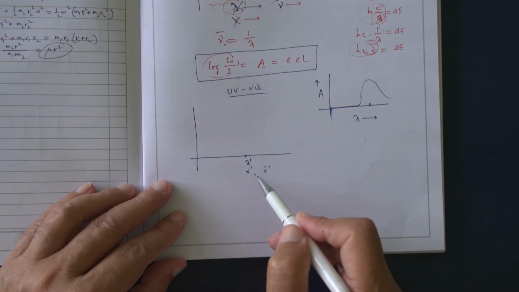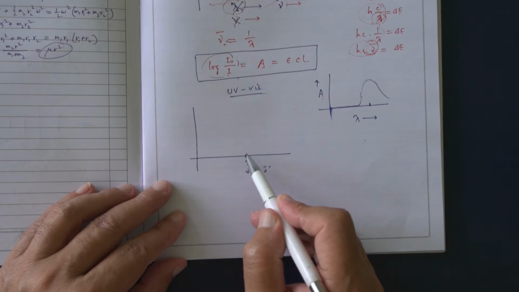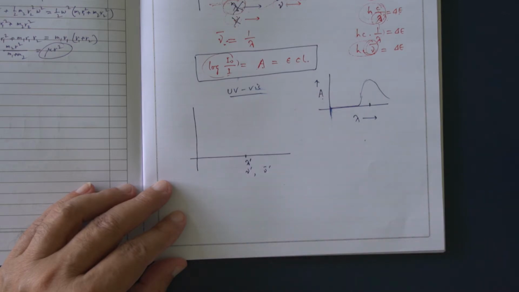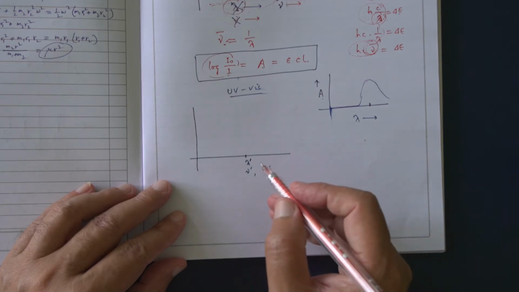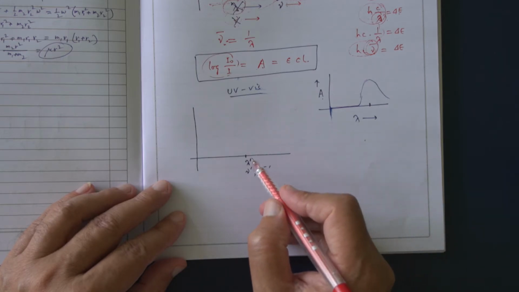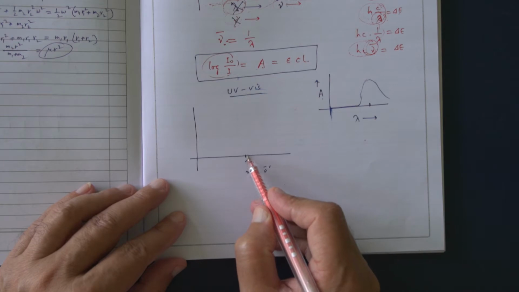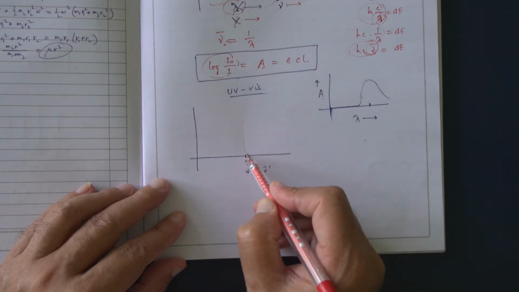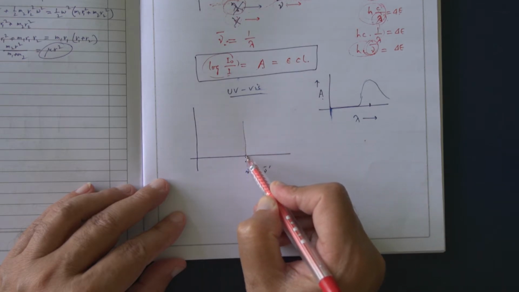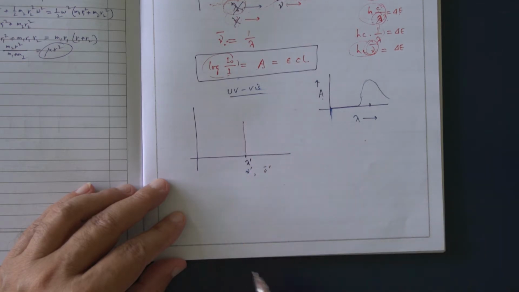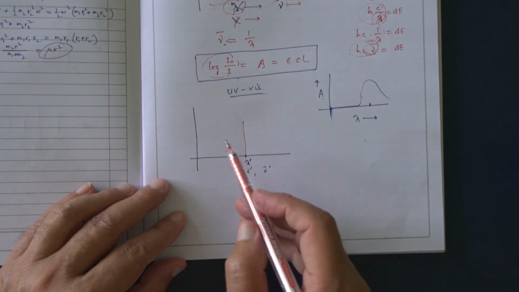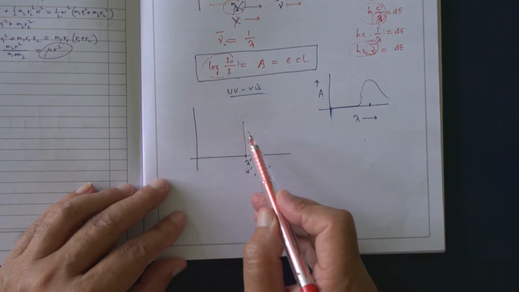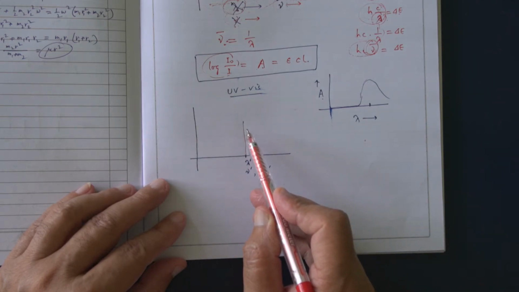Then what should be the nature of the spectrum? Since it absorbs a particular wavelength, the spectrum should be a line like this, because the molecule is absorbing a particular wavelength.